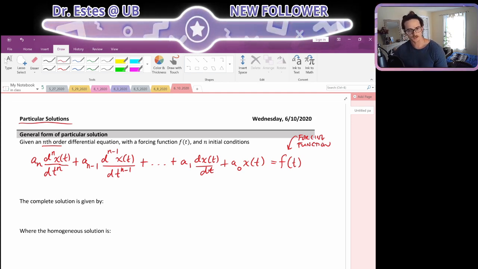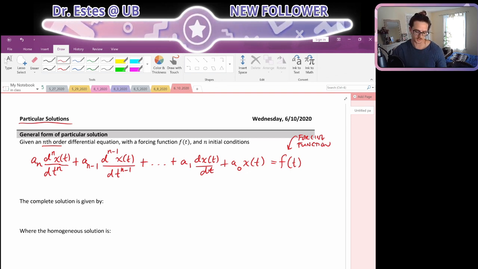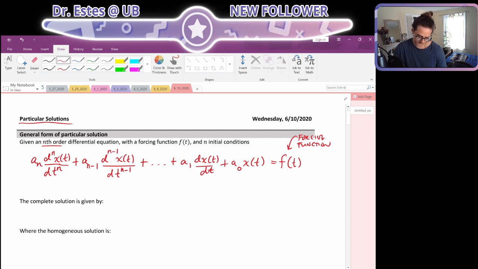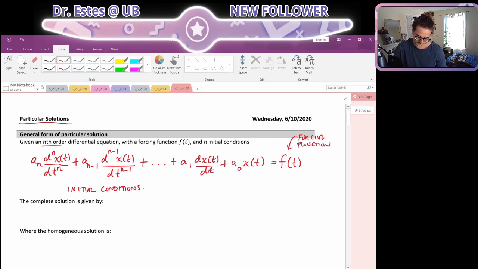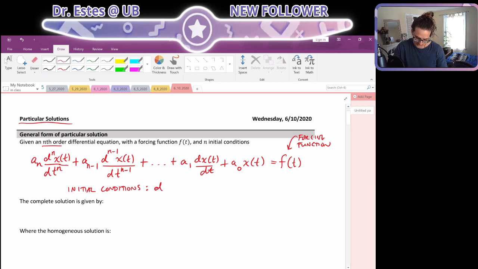Now, a differential equation is not complete without initial conditions. And there has to be at least n initial conditions. So let's just make up a couple here. Typically you would have something like this.